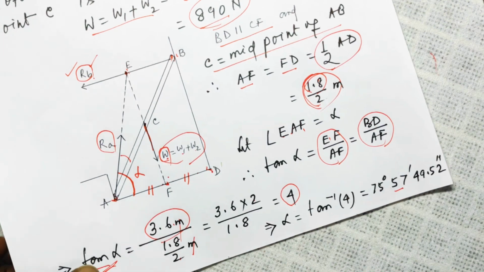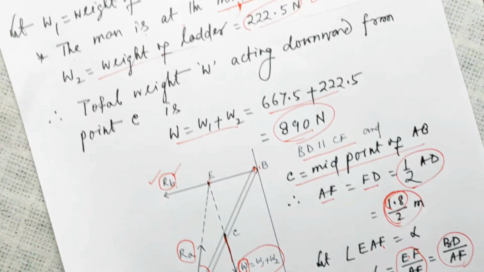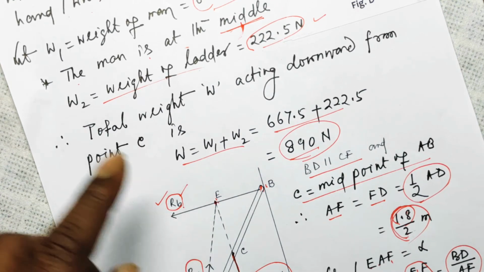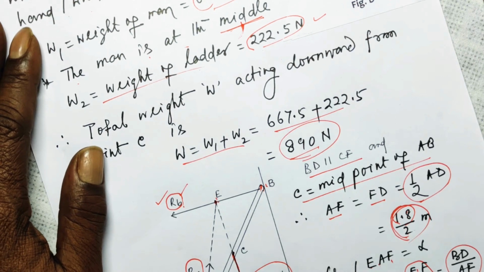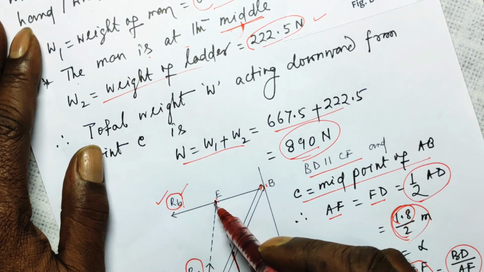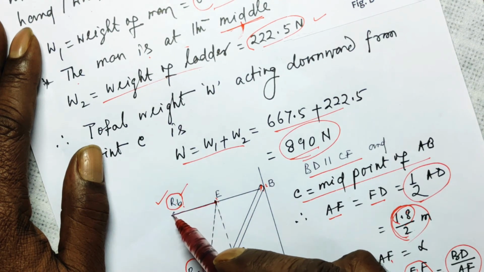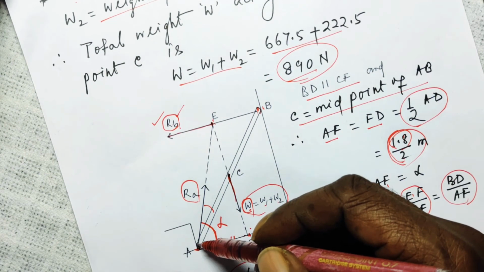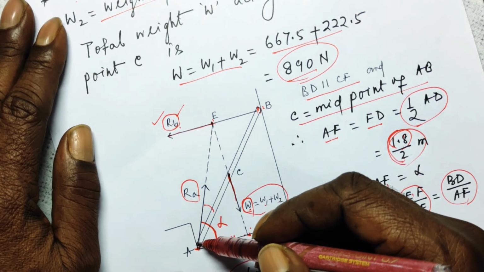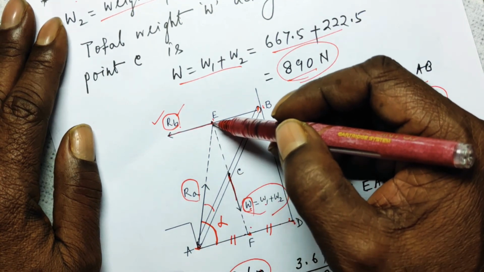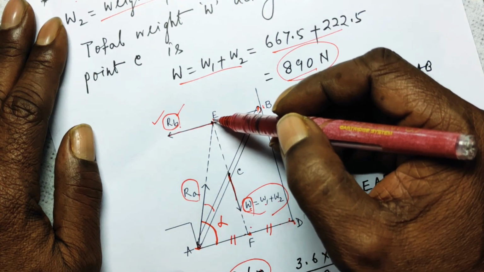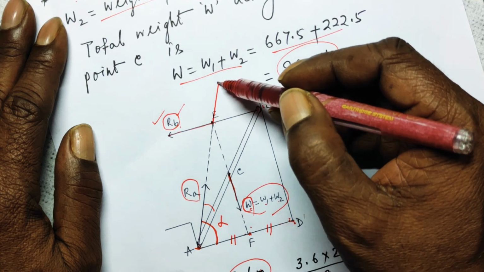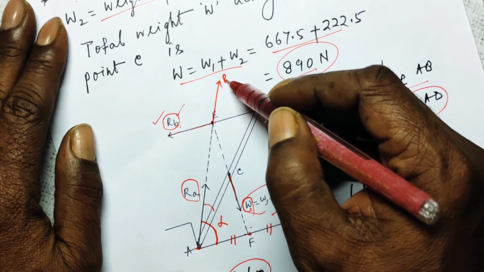Now let us draw the free body diagram at point E. For that, what you have to do, this RB is passing through the point E towards this side. You can extend this RA parallel to itself along the same line of action and show it here, RA.